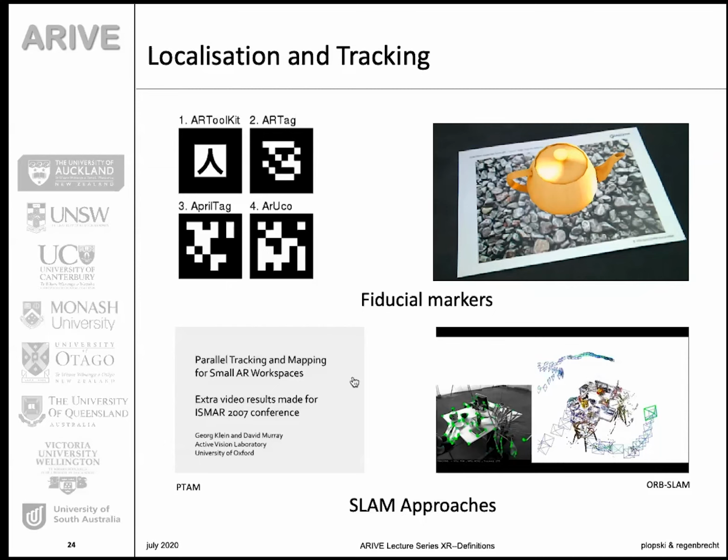And at the bottom, we see more commonly now becoming SLAM approaches. These approaches try to track features in the real world, and to understand how the user is moving through this environment. So I'm going to show you a small video.